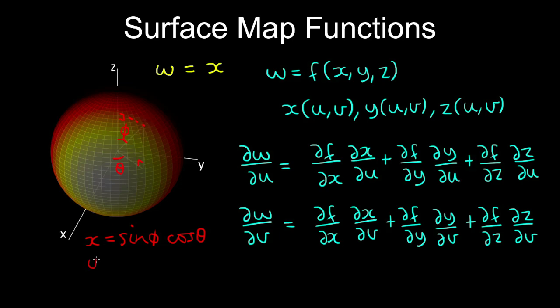And similarly, y is the unit radius sine phi, which gives the length of the projected radius in the xy plane, and taking sine theta gives the y coordinate. And z is the radius cosine phi.